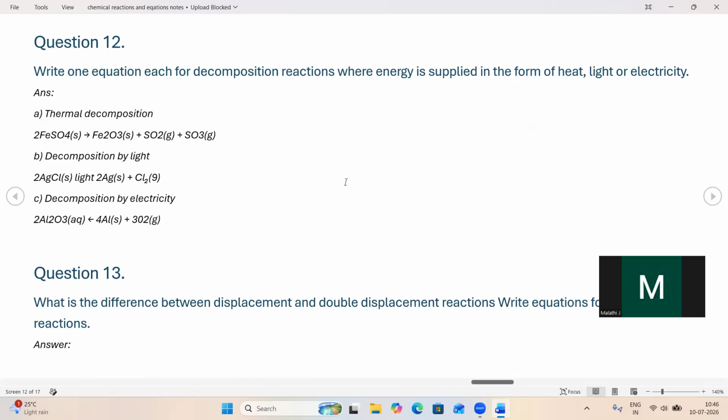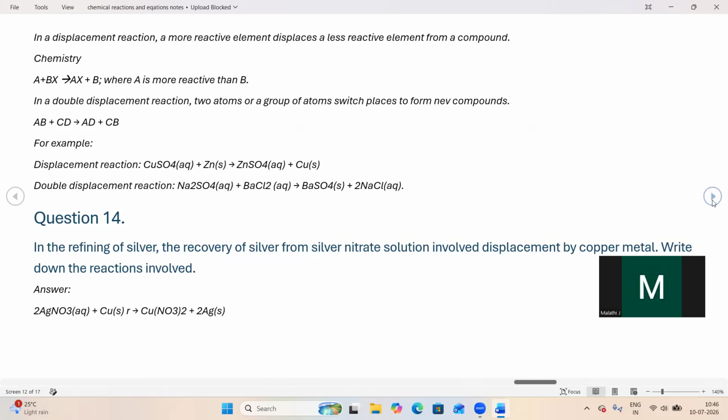What is the difference between displacement and double displacement reaction? In a displacement reaction, a more reactive element displaces a less reactive element from the compound. One example I will take here: A plus BX. A is more reactive than B, then A displaces B. In a double displacement reaction, two atoms or groups of atoms exchange places to form new compounds.